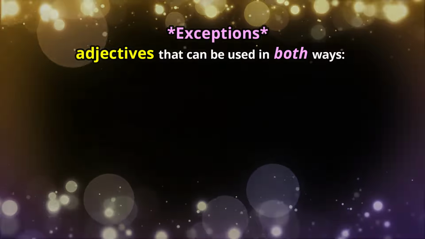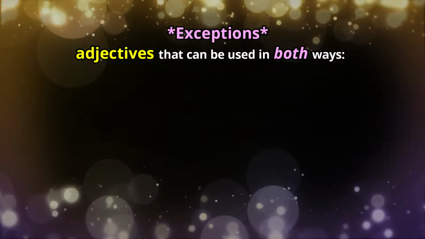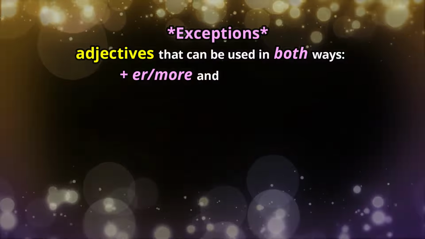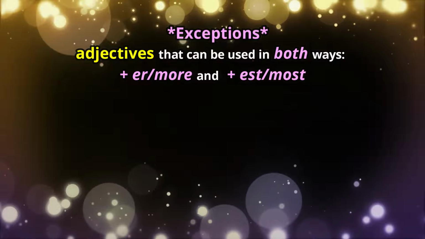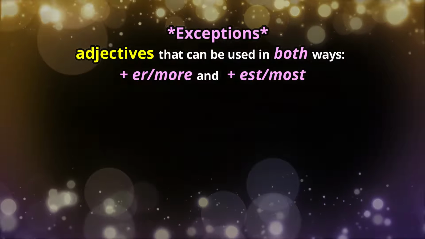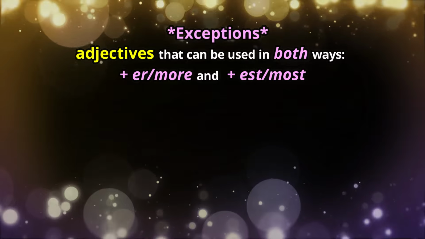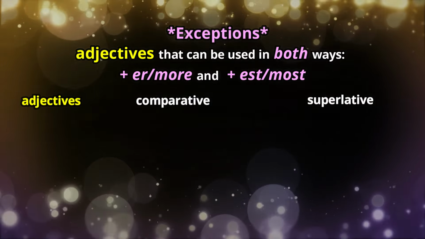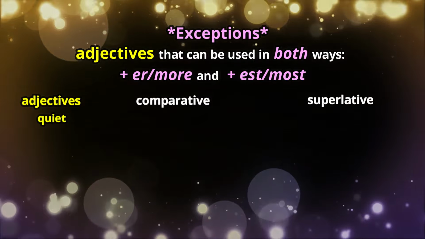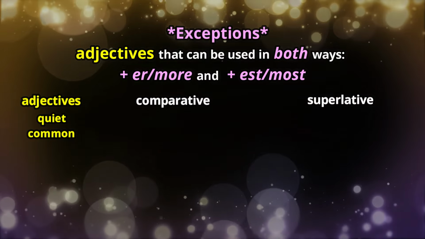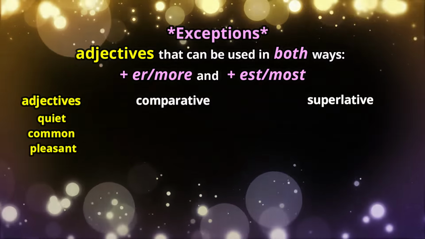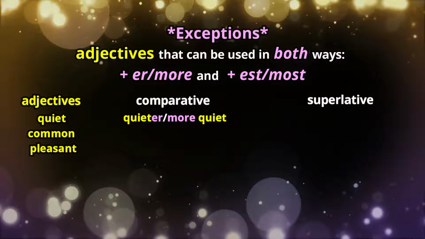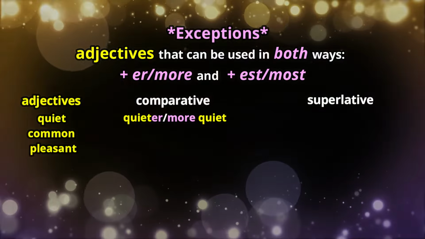And the last exception I'm going to talk about are adjectives that can be used with ER for the comparative or more. And you could use EST or most for the superlative. So, for example, the adjective quiet. Let's also look at common, and let's look at pleasant. The comparative can be either quieter or more quiet.